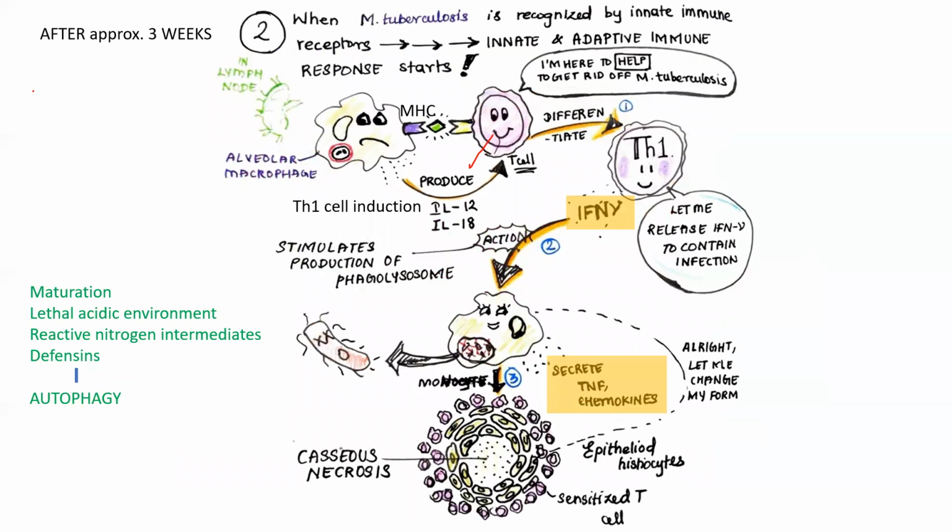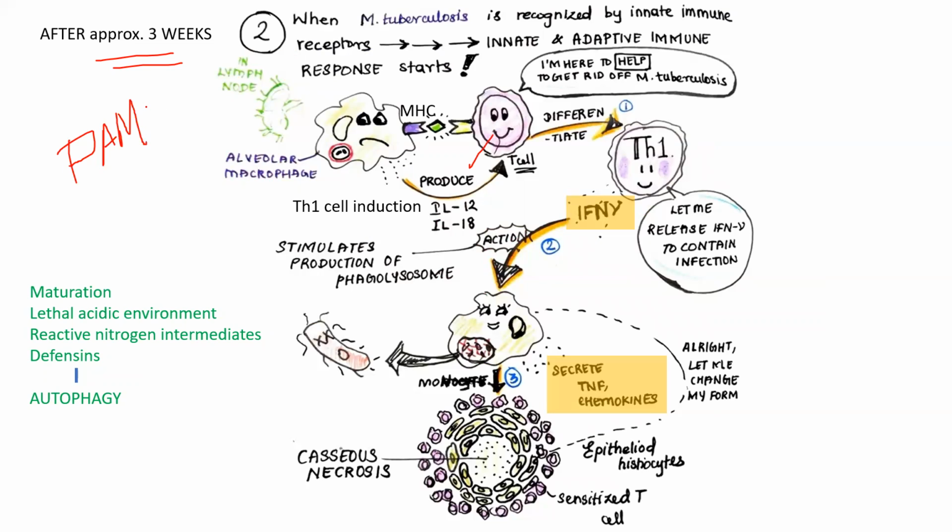Now what happens after approximately 3 weeks? At the period from slide 1 to slide 2, as we switch over, certain innate immunity mechanisms kick in. We have read about these pathogen-associated molecular patterns.